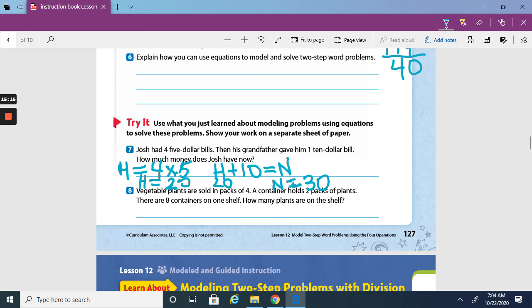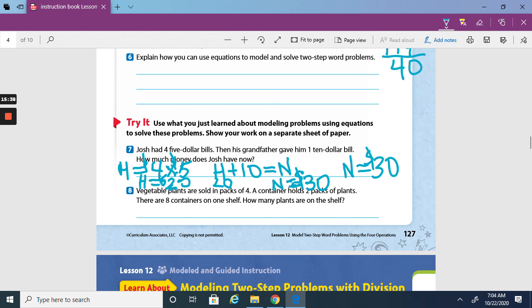So N, how much he has now, equals $30. I could write up here, N equals 30, because that's how much Josh has now. If you want to go back and put the dollar signs, you can. As long as you have the dollar signs on the answers, then that is perfectly acceptable.